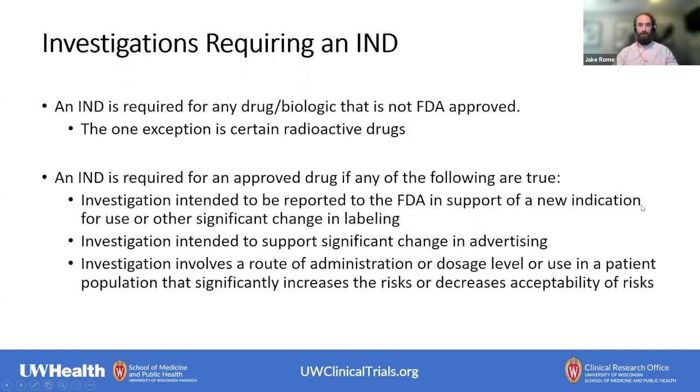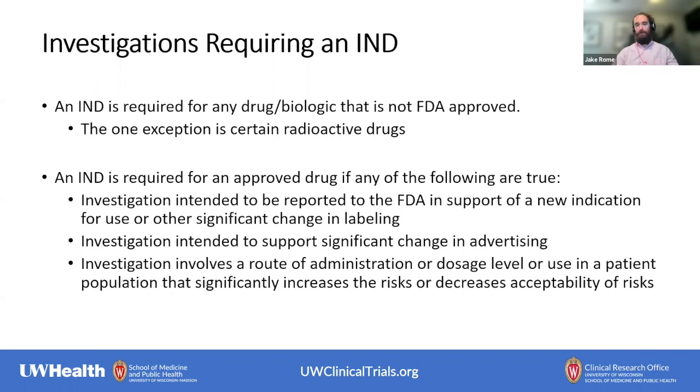So as an example, if you're using a drug in a cancer study and the drug is approved for one type of cancer patient and you want to use that drug in a slightly different cancer patient, it's kind of a variation of the disease not indicated in the labeling, well, then more likely than not, in that case, assuming you're using the same dosage and route of administration, you're going to be exempt from the IND requirements, because you're not really changing the risk profile of your use of the drug. You're just trying to get a better understanding of how the drug might help this population.